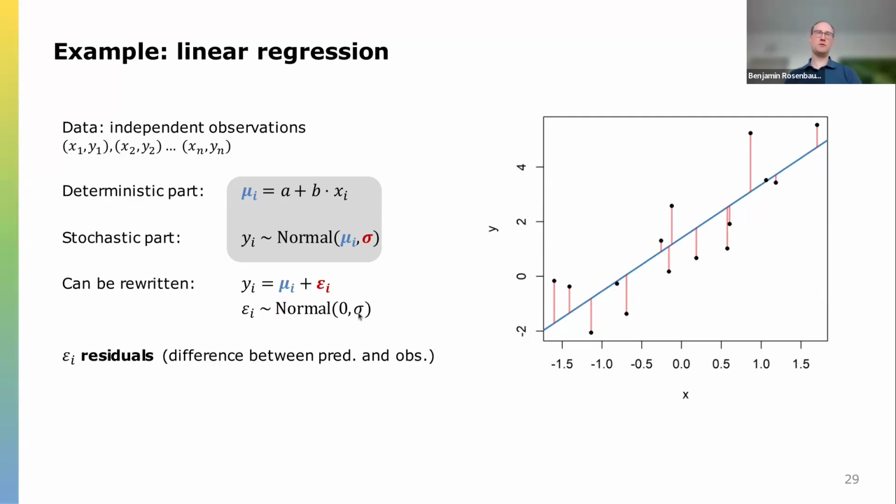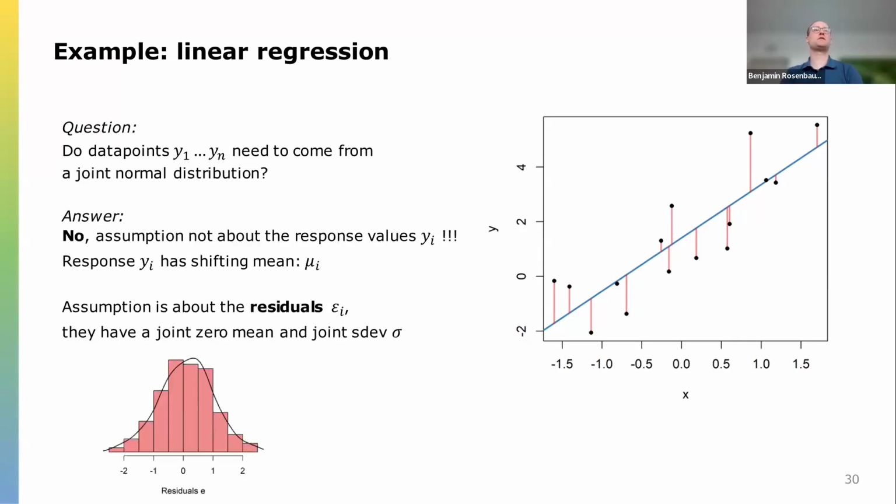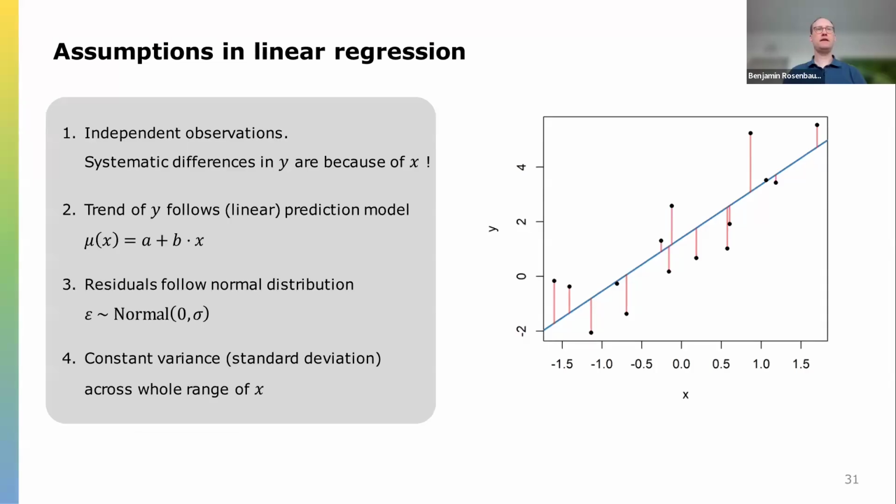So the assumption here actually is on the residuals. We assume that they are distributed normally around the shifting prediction, right? So each of these observations has a different expected mean, and the assumption is on the residuals and not on the actual response.